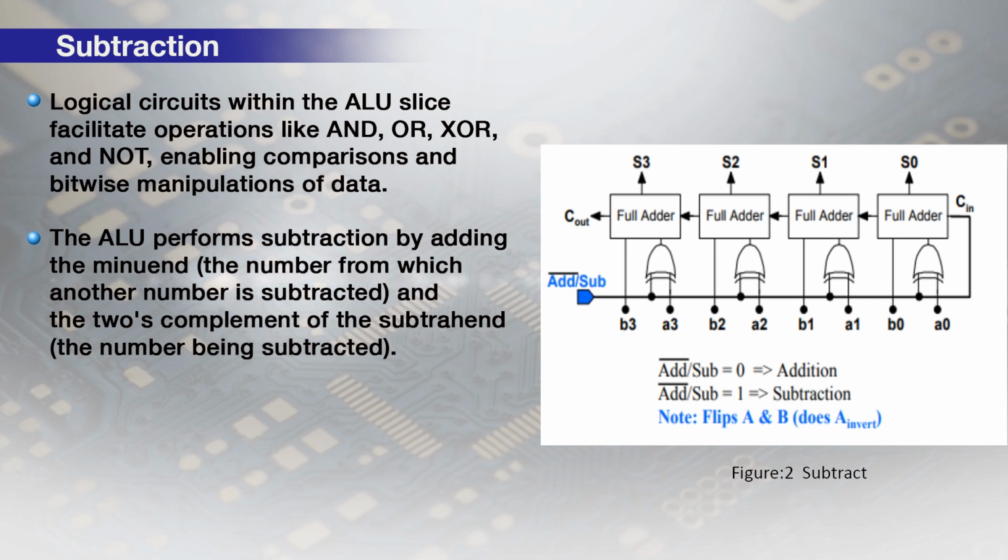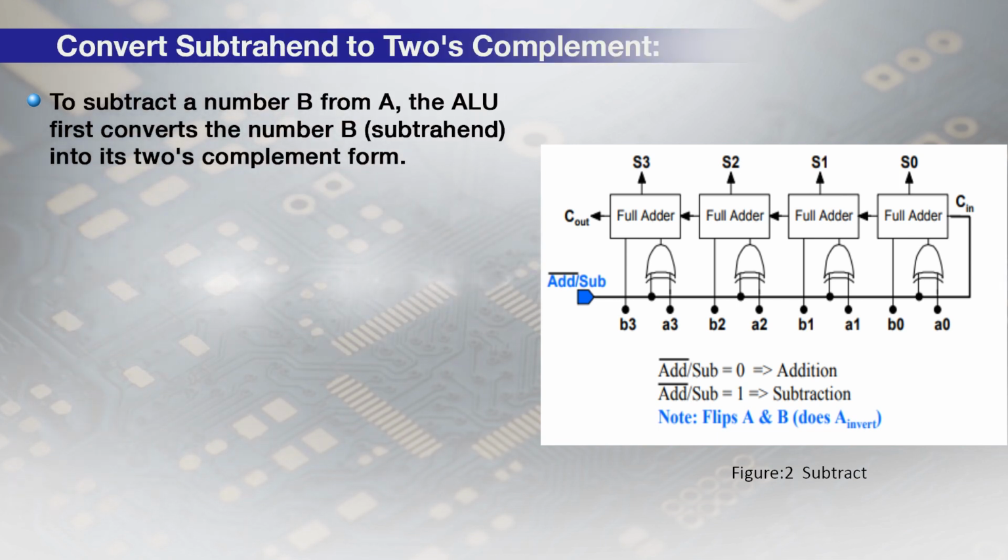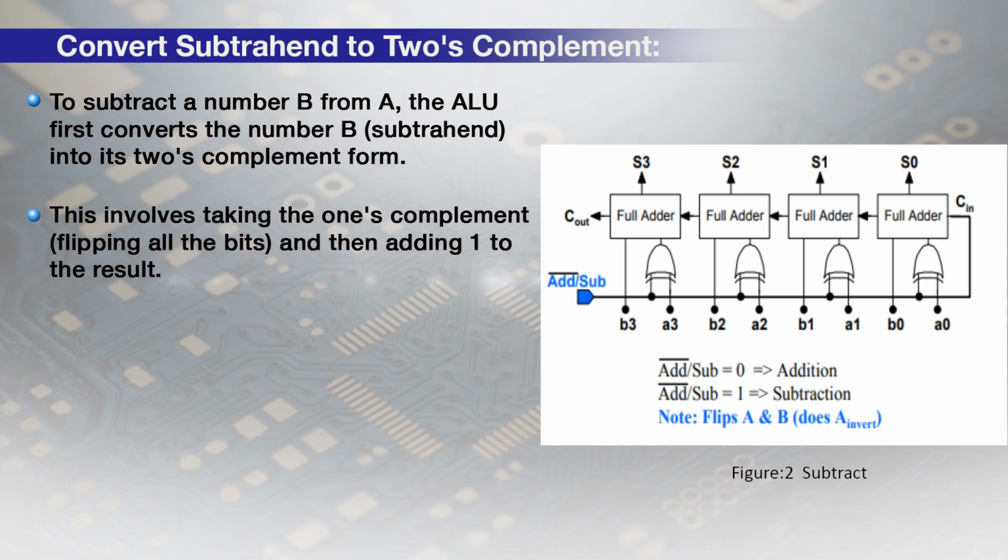Here is the step-by-step process. Convert the subtrahend to 2's complement. To subtract a number b from a, the ALU first converts the number b, the subtrahend, into its 2's complement form. This involves taking the 1's complement, that is flipping all the bits, and then adding 1 to the result.